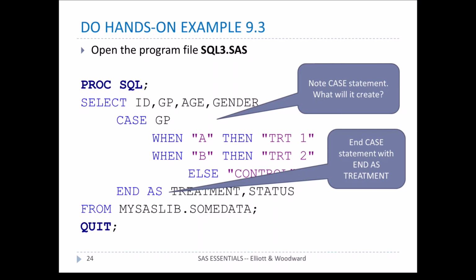All right, so let's take a look at a program, example 9.3. Open up the program file called SQL3.SAS and you'll see this code. Here we have a SELECT statement: ID, group, age, gender, and then we have a CASE statement. Now remember, go all the way to the end, so we go to the word END, and then we see as treatment. So again, this is going to create a column called treatment, followed by the final column that's going to be called status.